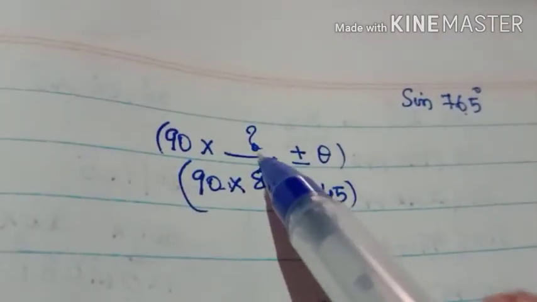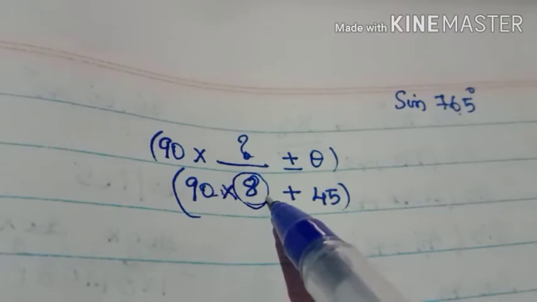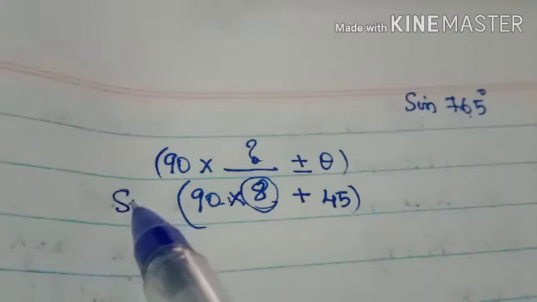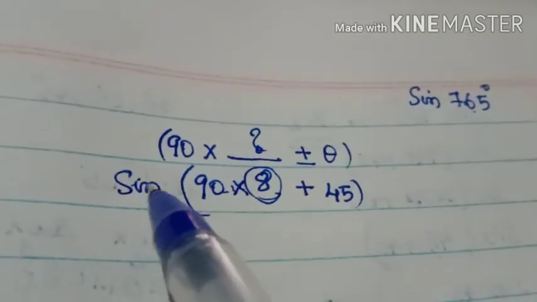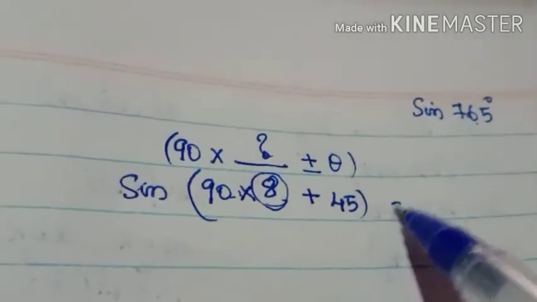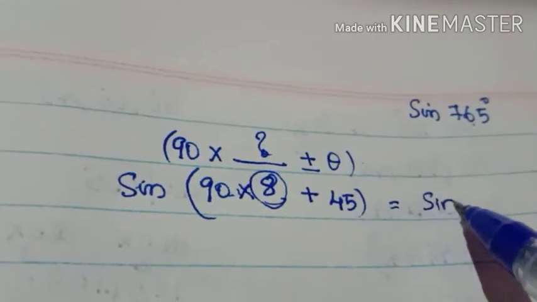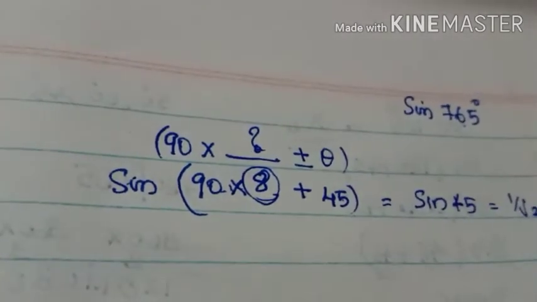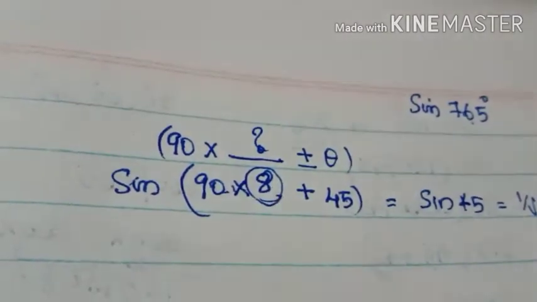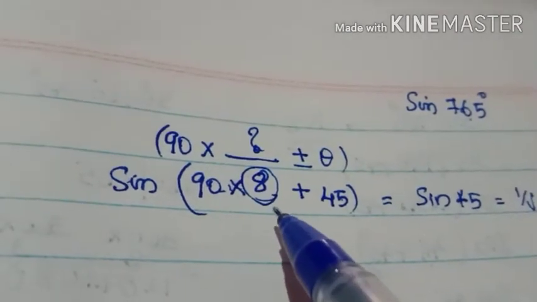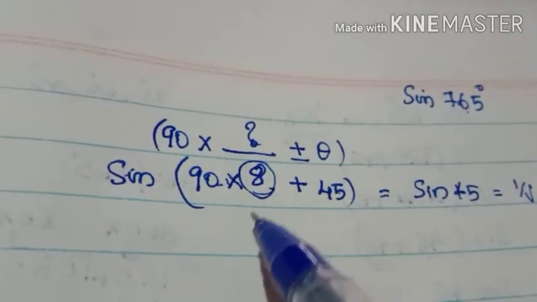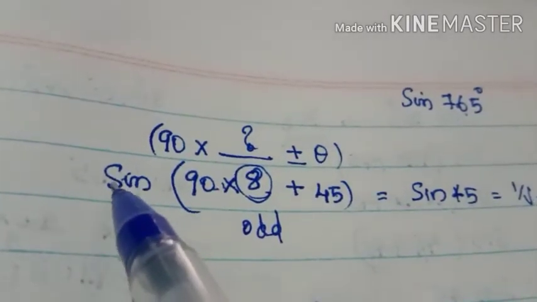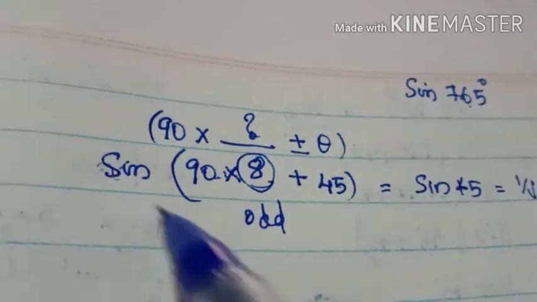Now listen, in this question mark, 8 is an even number. If it is an even number, you have to write whatever original trigonometric function you have, the same sine, and the acute angle. You will get the answer. Okay, if it is an even number. Otherwise, in place of the question mark, if you have an odd number, you have to write the complementary ratio of the original function.